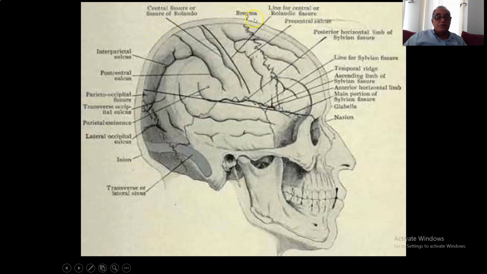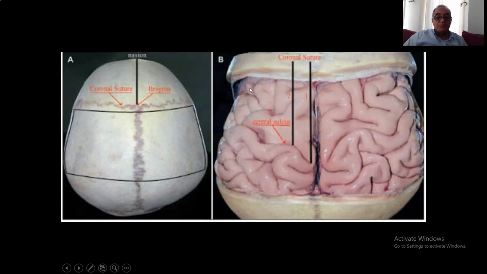So if you measure the distance from the nasion to the inion, and you take half the distance and go 1 centimeter behind, you get the upper point of the central sulcus. The mid-zygomatic point is the lower point of the central sulcus. You join them together, and the upper 2/3 of the line is the central sulcus.